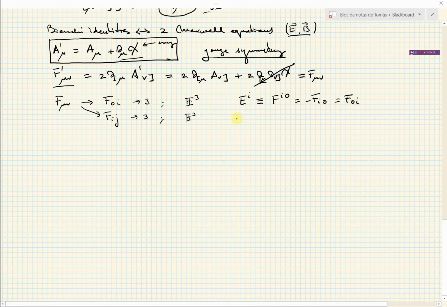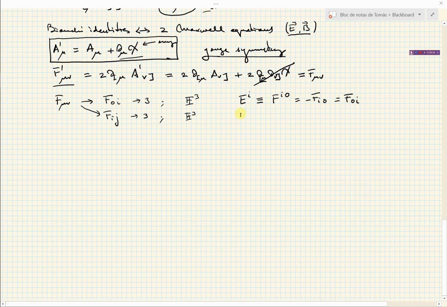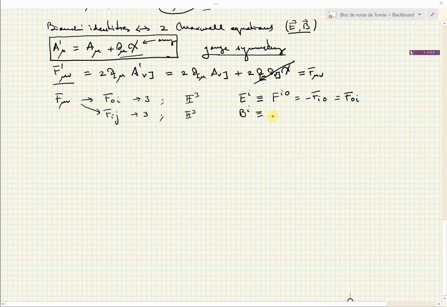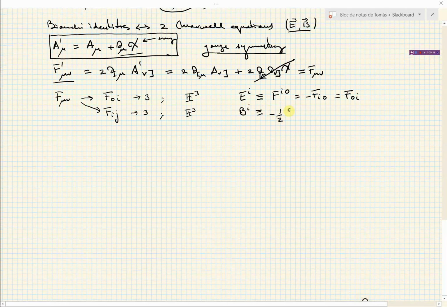And the other vector field is B^i, and it is defined with this factor 1/2, the antisymmetric symbol epsilon_ijk and F_jk.